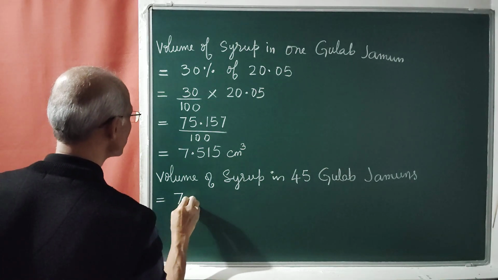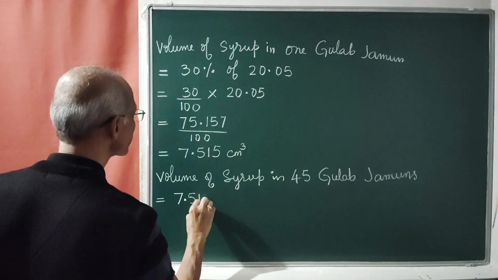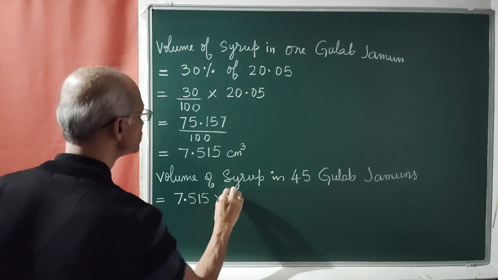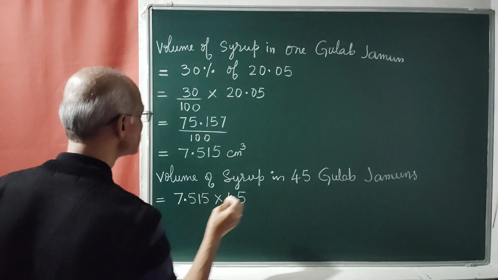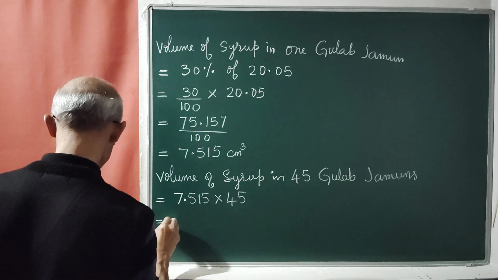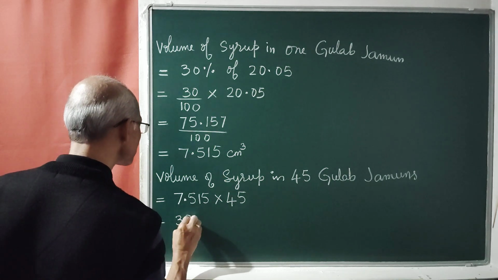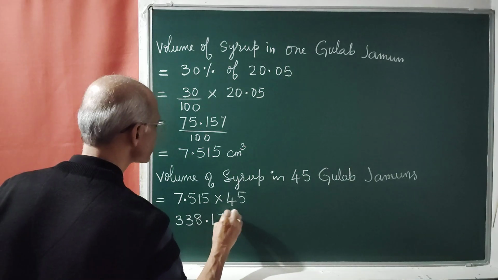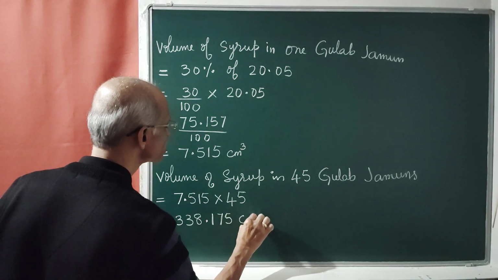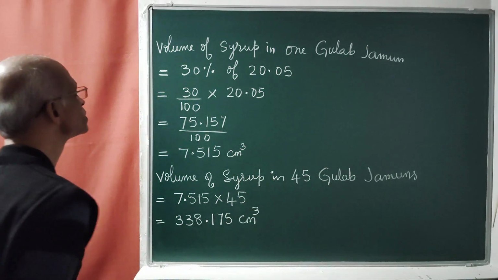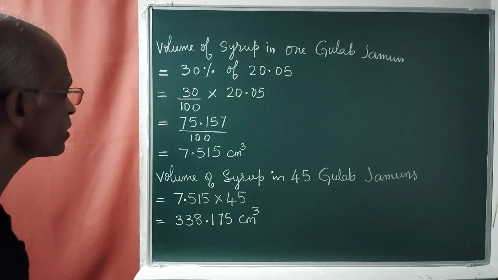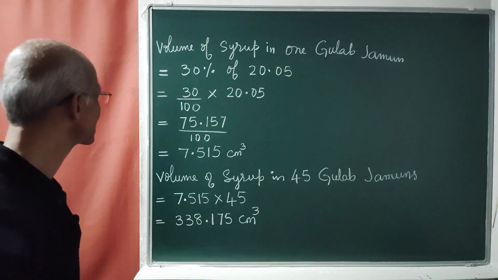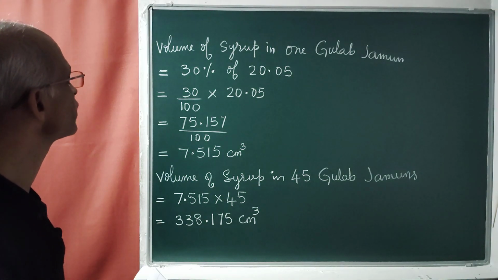It is 7.515 into 45, which will be equal to 338.175 centimeter cube. The volume of syrup in 45 gulab jamuns is 338.175 centimeter cube.